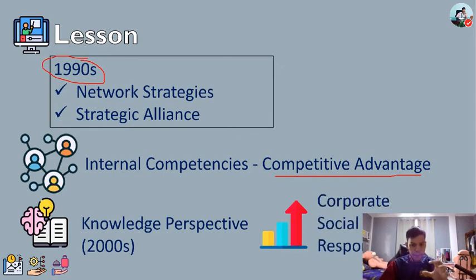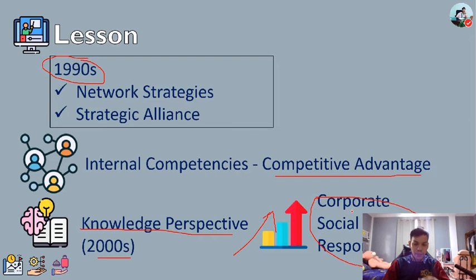I repeat, the progress continues from the leadership shift to the strategic implementation of the process, and then continues using the knowledge perspectives, with increased emphasis on corporate social responsibility.